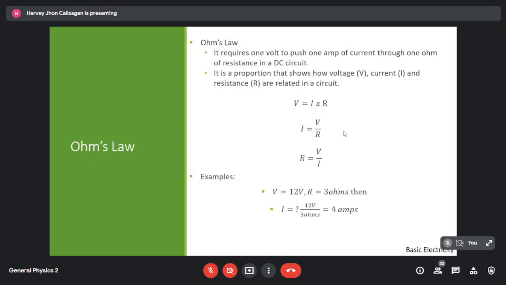So for us to find out the amount of current that flows between the 12 volts and the 3 ohms of resistance, we will now use the formula for the current. We have I is equal to V divided by R. So just substitute the given values. We have V, which is 12 volts, divided by 3 ohms for the resistance. So we have an answer of 4 amperes.